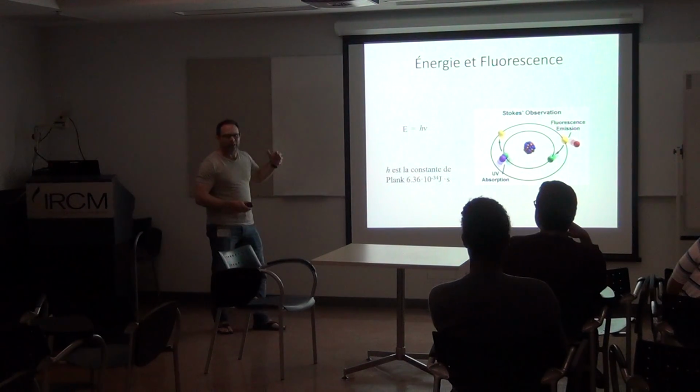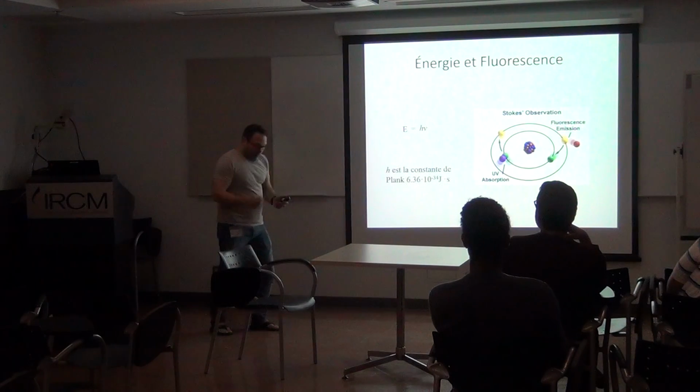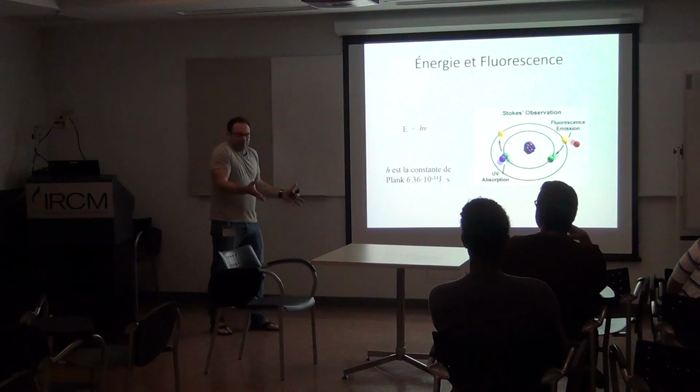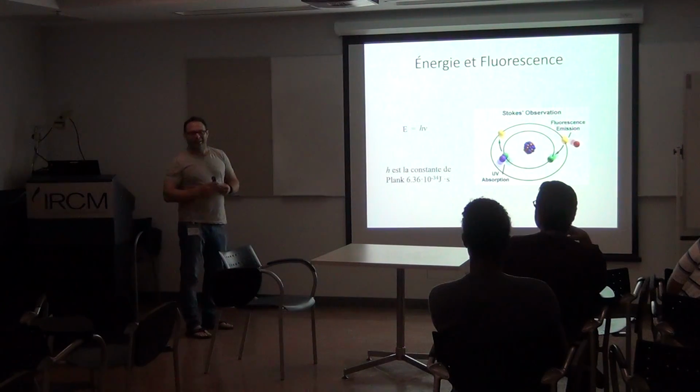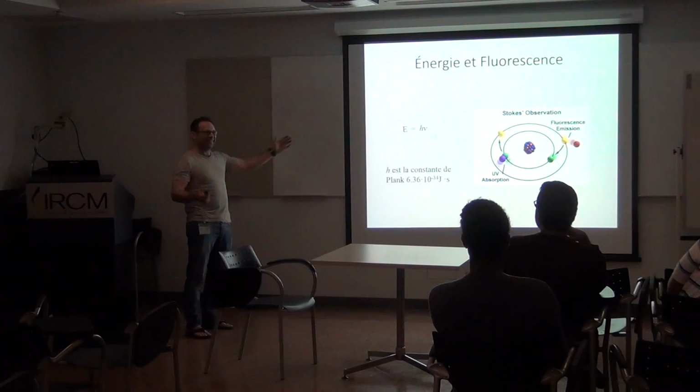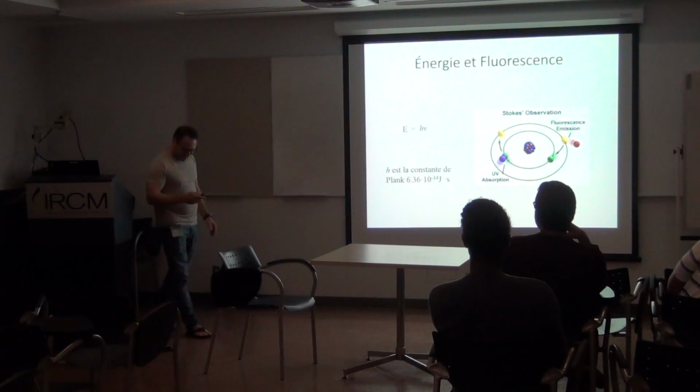So fluorescence is really fast. We turn on the light and then we see it right away, because our brain sees about 15 images per second. So it's really long compared to those events. Okay.